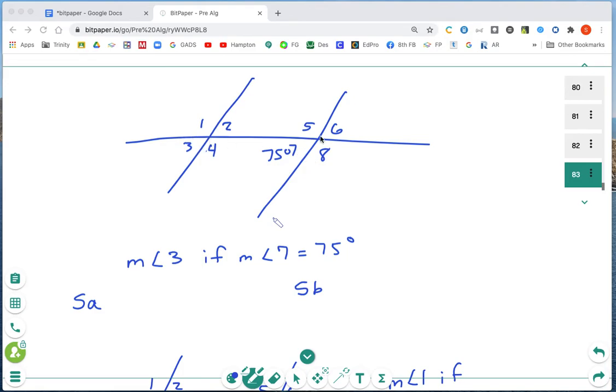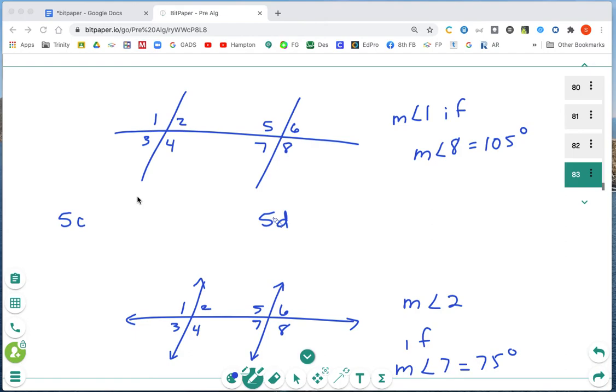And angle 7 is to the left of the parallel line and below the transversal. So they're both in the same location, different parallel lines, so they are corresponding angles. Corresponding angles are congruent or equal, so angle 3 would also be 75 degrees.